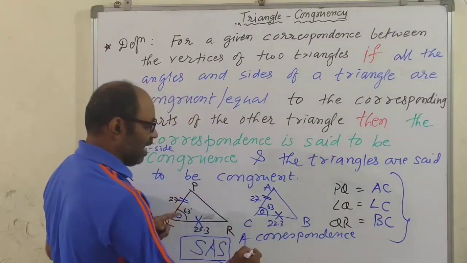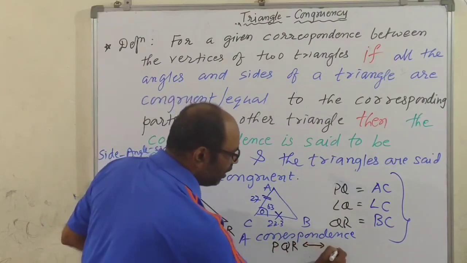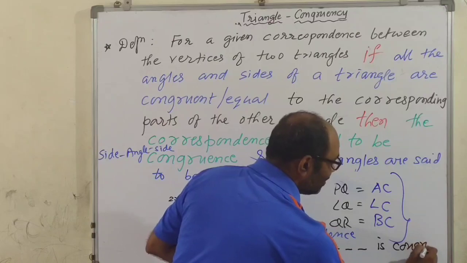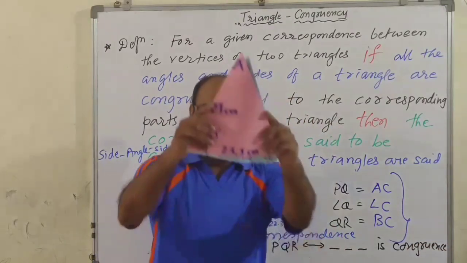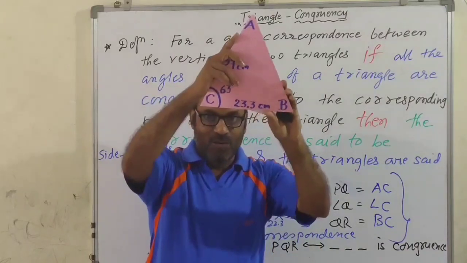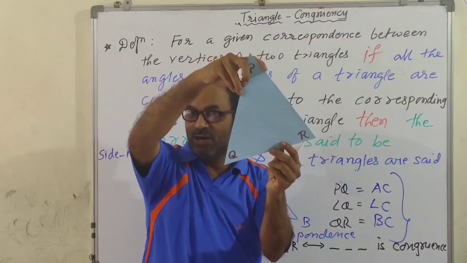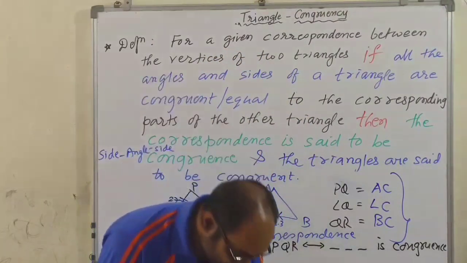Which triangle is black? PQR corresponds to dash dash dash is congruence. Why did you say they are congruent? You can see they are overlapping. Both the triangles are overlapping for one of those 6 correspondences. Correct? Now here, very interesting, children.